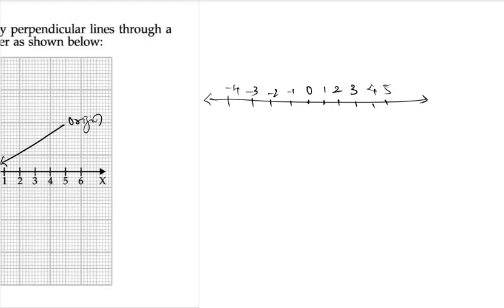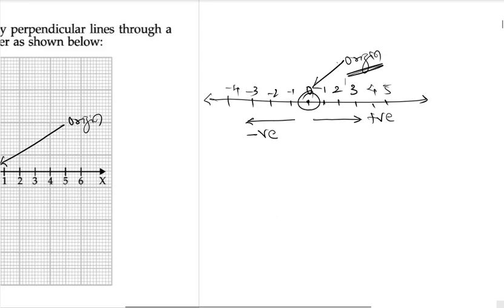So this 0 is exactly in middle, right? To the right of 0 there are all positive numbers. To the left of 0 there are all negative numbers. So what is this 0? 0 in our coordinate geometry is known as origin. So origin is nothing but 0.